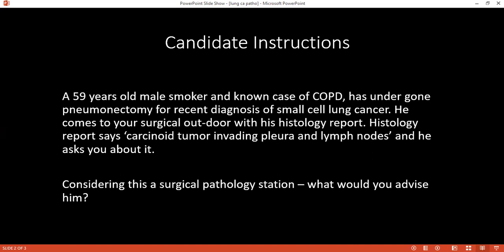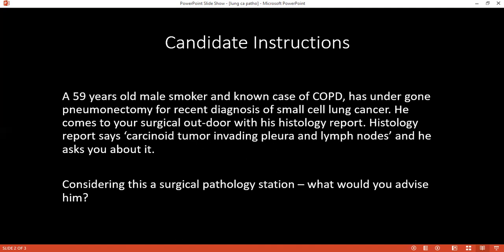Right. If you can tell me the pathogenesis of what takes place here in carcinoid tumor invading the pleura, how the disease process takes place. Okay.